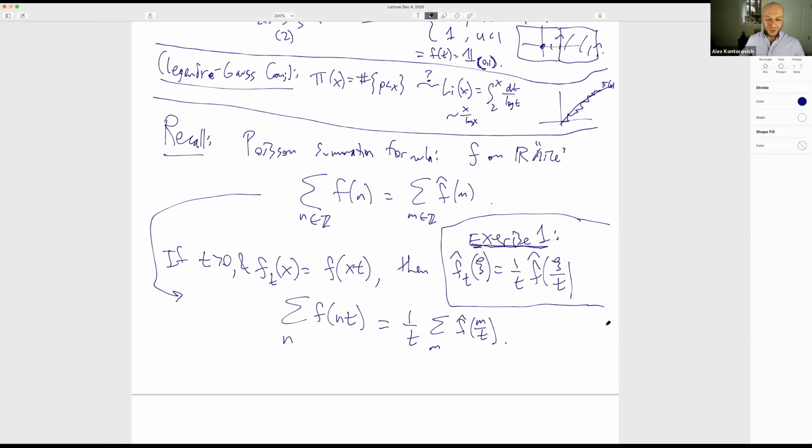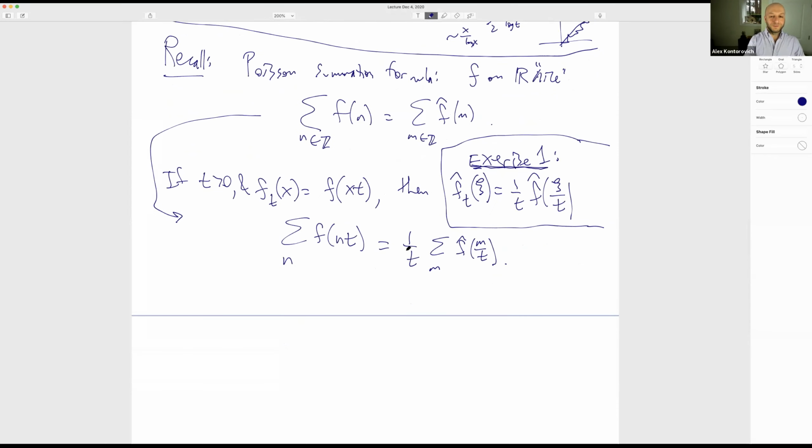Okay. So now let's make a little assumption. Assume that f, this test function, is even. Does anybody know what that tells us about the Fourier transform? You remember?